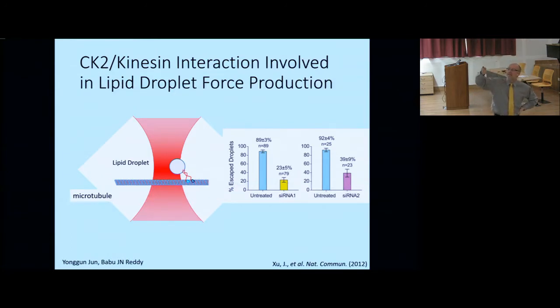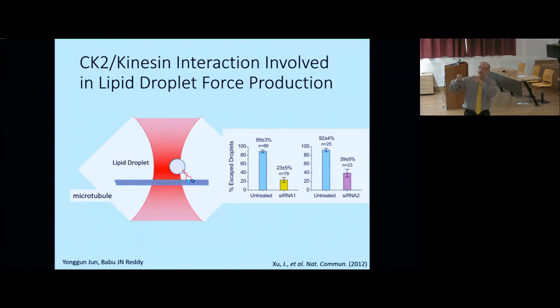And then using that same strength optical trap, you look at how many lipid droplets escape when you do RNA interference and knock down CK2. And what you discover is that using two different RNAis, the probability of escape goes down a lot. So that's basically just a measure of efficacy of force production.